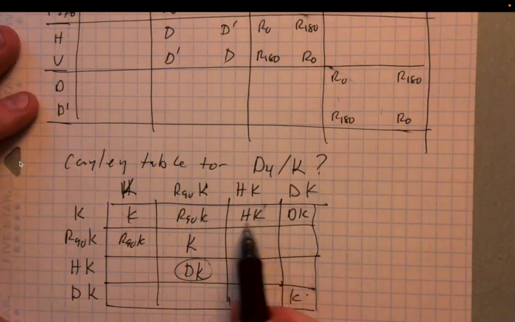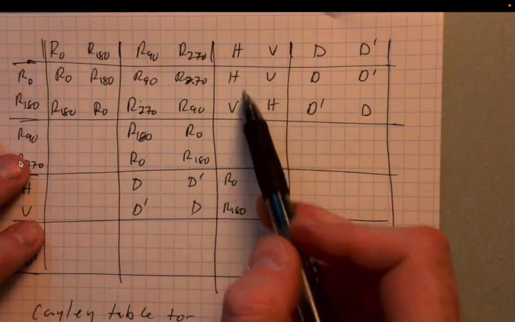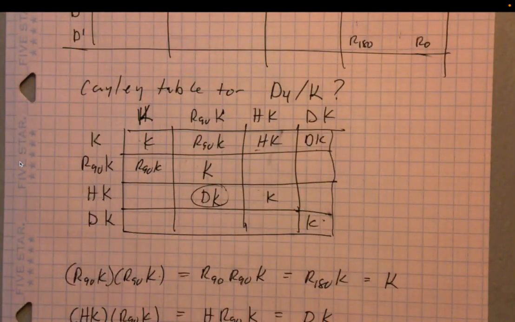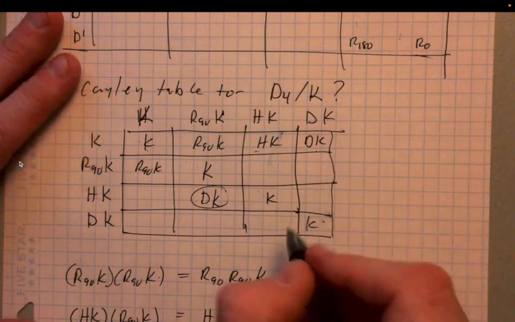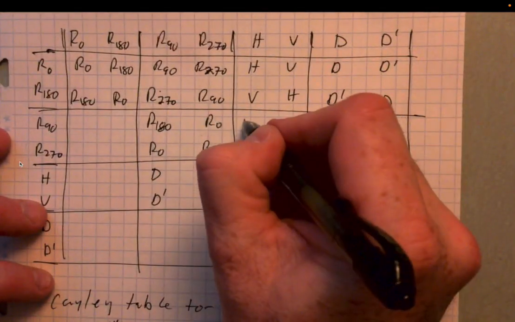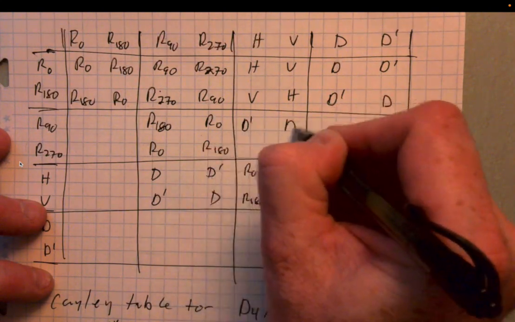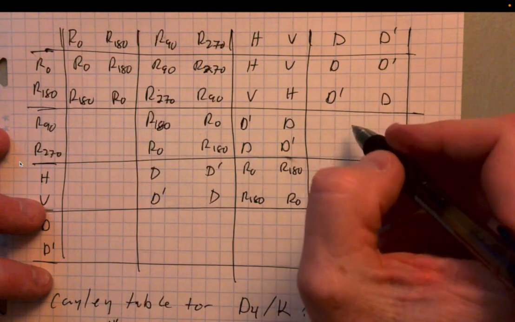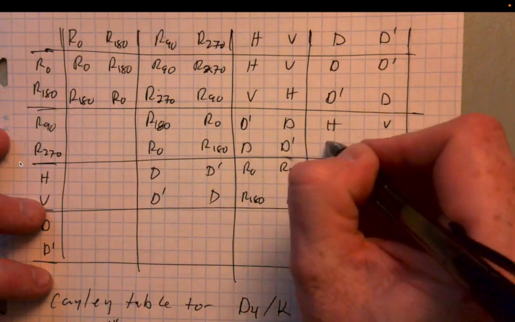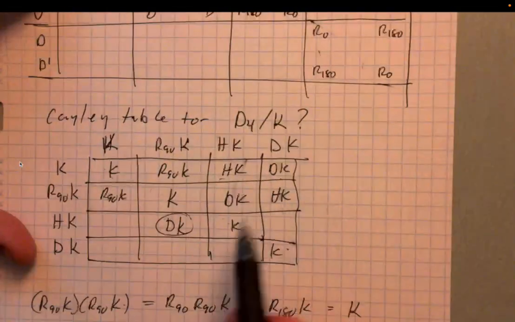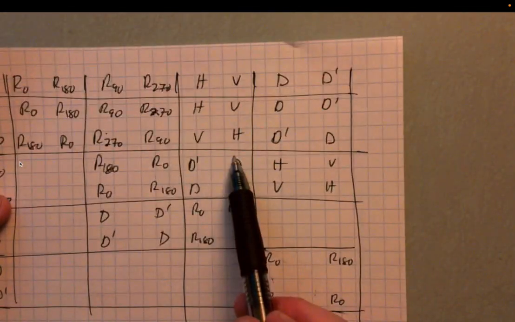Right, now notice HK and DK. There's HK. There's DK. Right, you see the structure? It just collapses down. DK, HK are here, and so this is going to be D prime, D, D, D prime, and then this will be H, V, V, H. Right, so you can see that DK, HK, DK, HK.